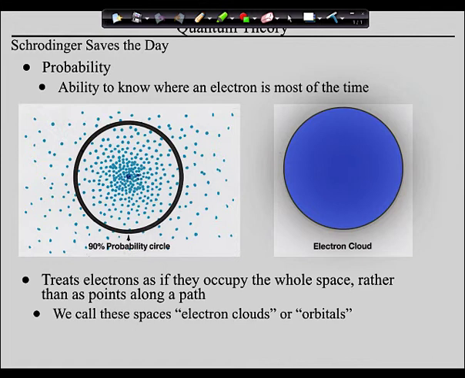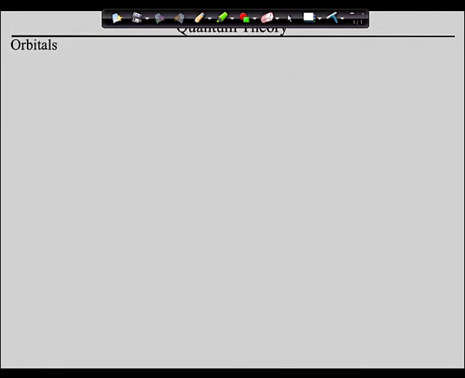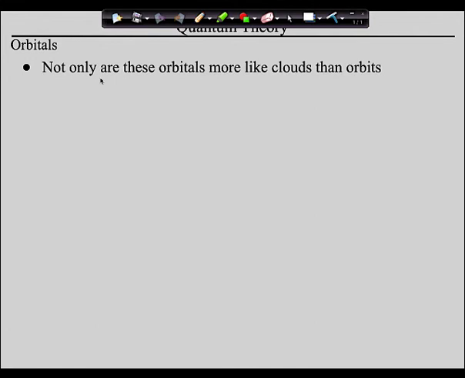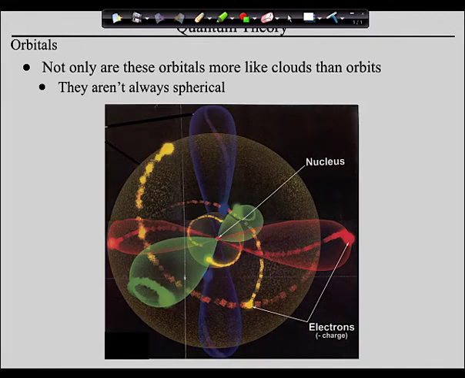Now, from there, what we now need to do is sort of give you a little flavor for how crazy this gets. You don't need to write this down. But guys, it turns out that not only are these orbitals more like clouds, but most of them aren't even spherical. For example, this is a neon atom, and in a neon atom, you actually have 5 clouds. You have 5 orbitals.